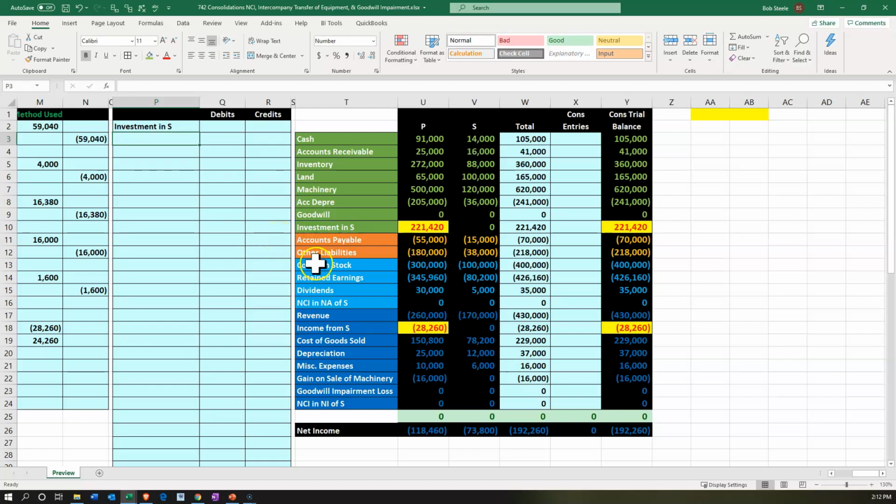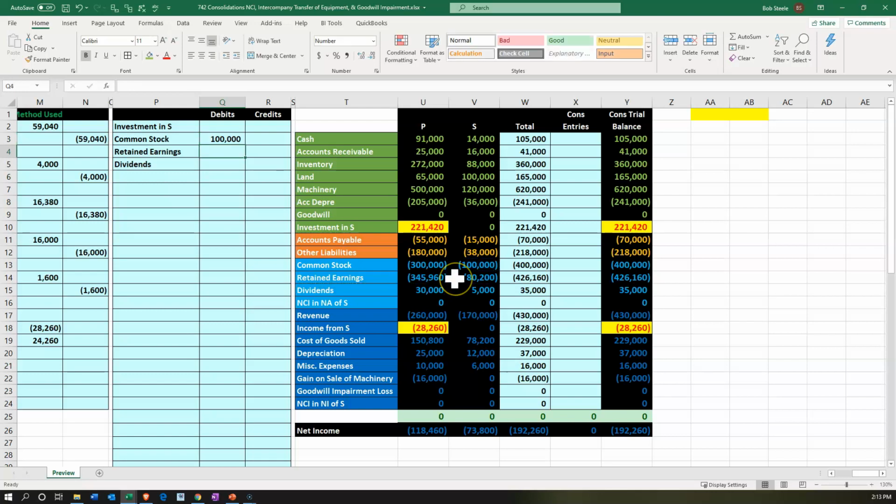Then I'm going to remove the common stock, retained earnings, and dividends. So that means these accounts are going to go away. We've got to remove S's portion. The common stock is on the books for a credit, so we debit it for the 100,000.